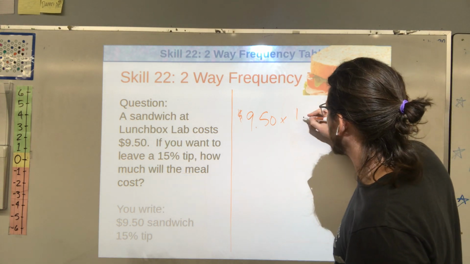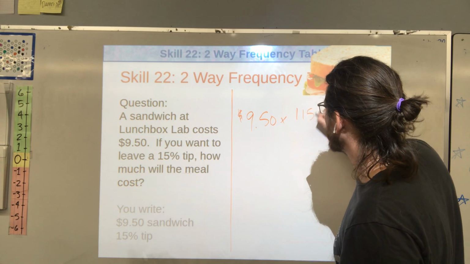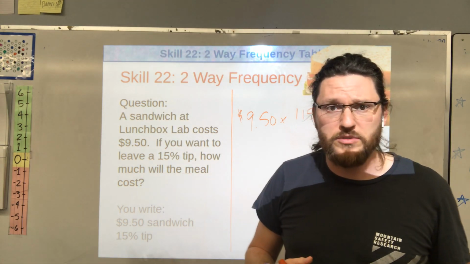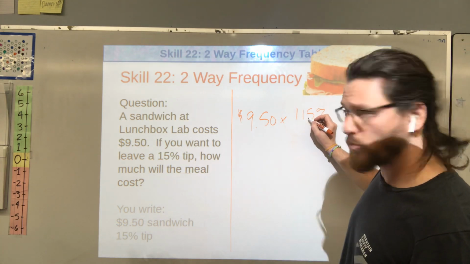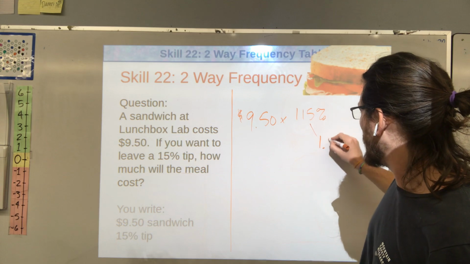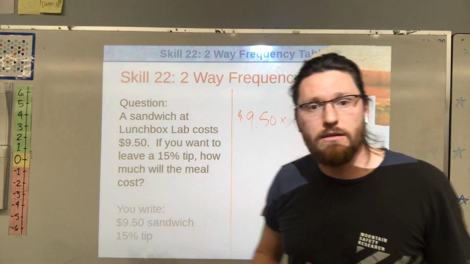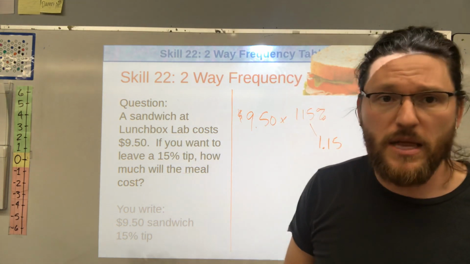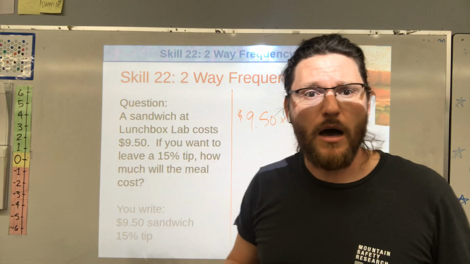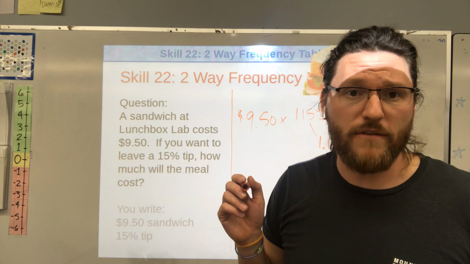This problem works the same way if we do 115%, right? It'll save you a little bit of time and make these problems go a little bit faster. This one here as a decimal, it's bigger than 100, it's 1.15, and that'll give you the same answer that we got a minute ago, like $10.93 or whatever that was. It'll give you the same answer that you already have in your notebook.